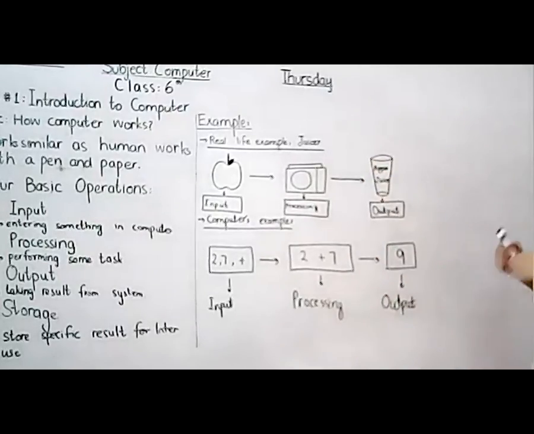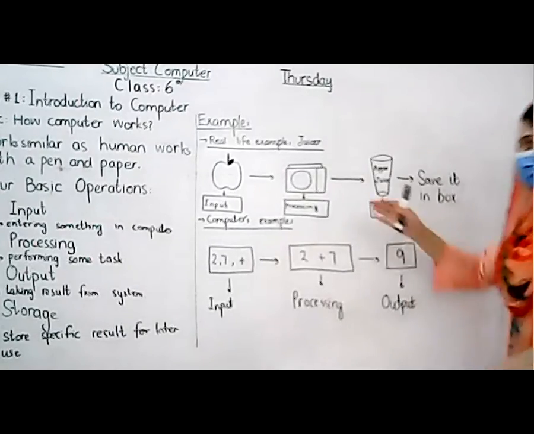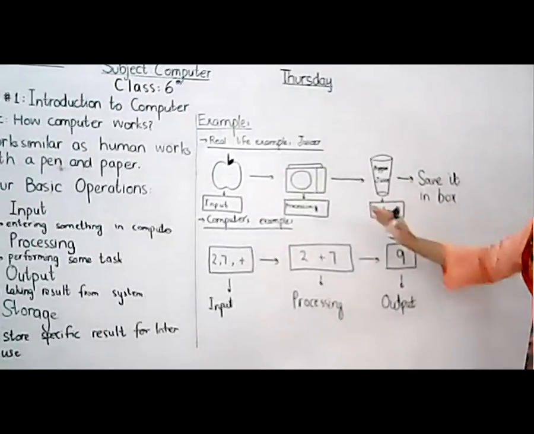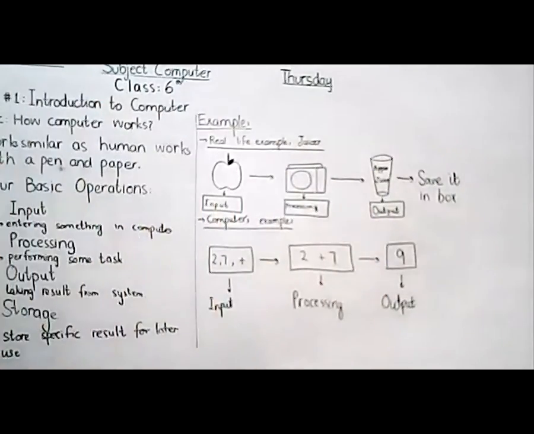And then we can save this in the refrigerator, or we can save it in a box for later use. So in this way, we can see how input, processing, output and storage occur in the computer system.